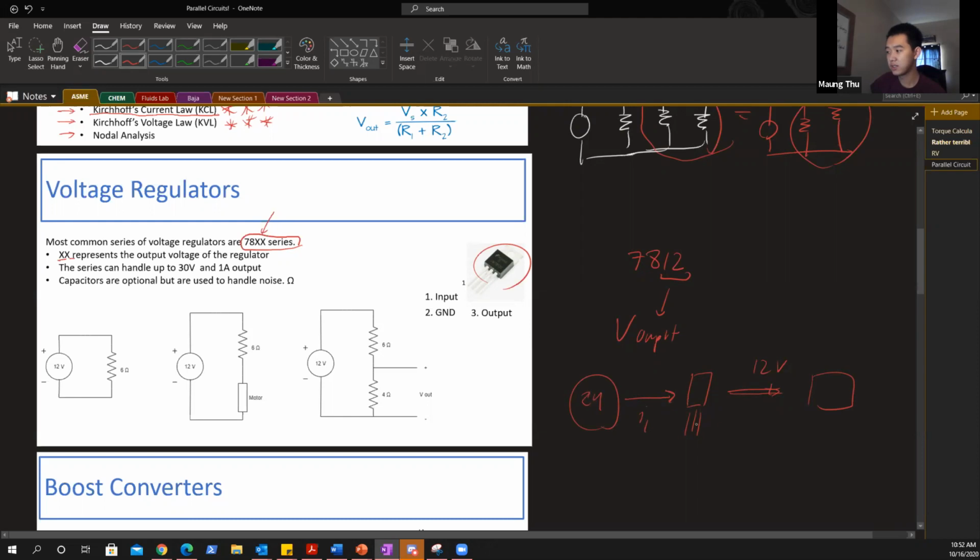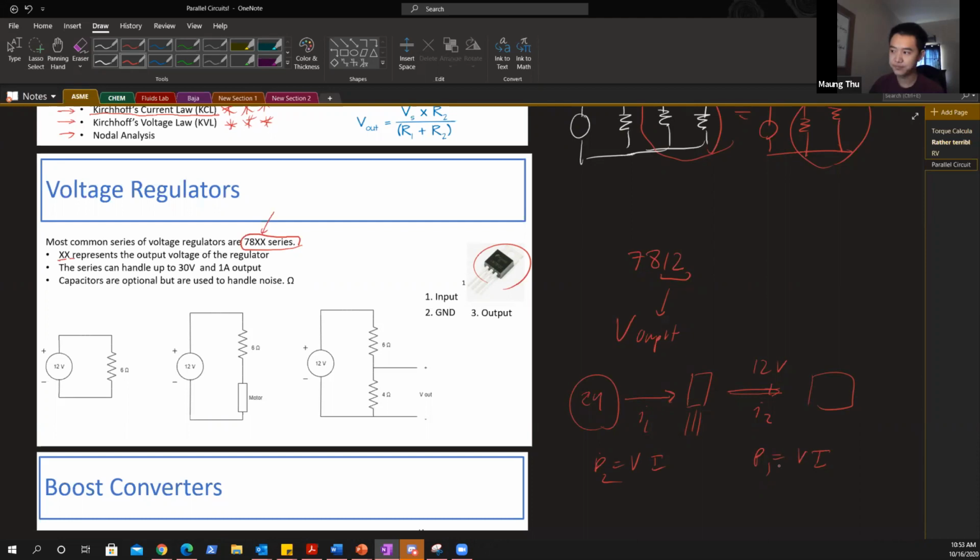If your current stays consistent, that means you're losing a lot of power, right? Because power is what? Voltage times current. Over here, voltage times current. Your P2 and your P1, there's a huge difference. That huge difference translates into heat.